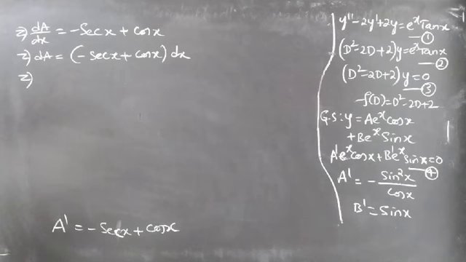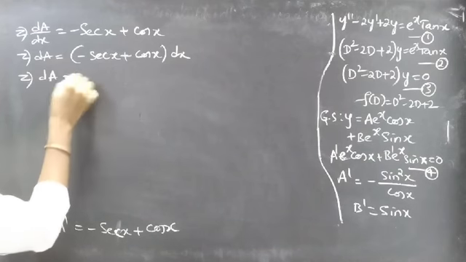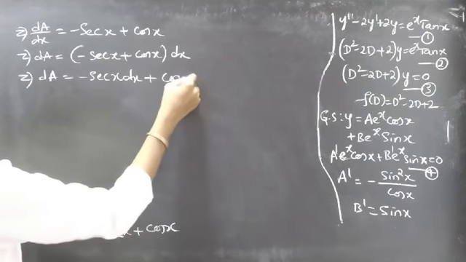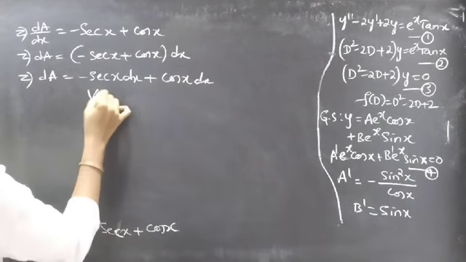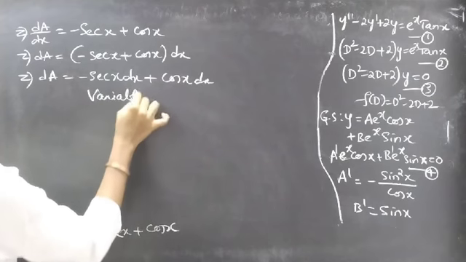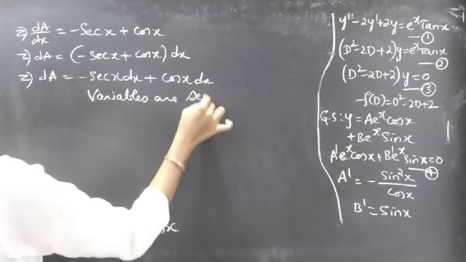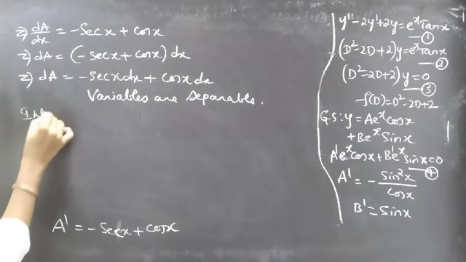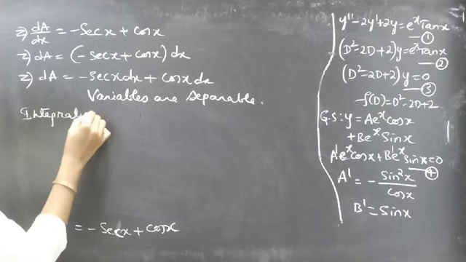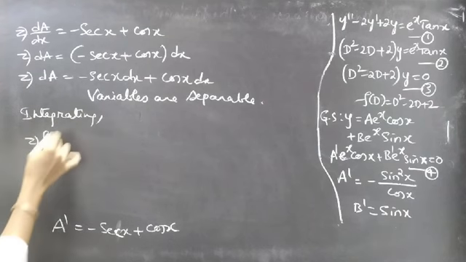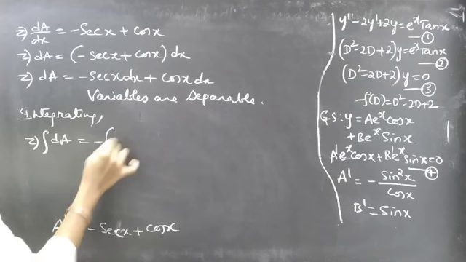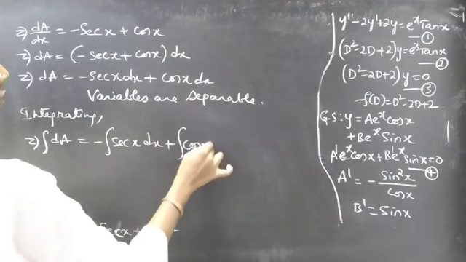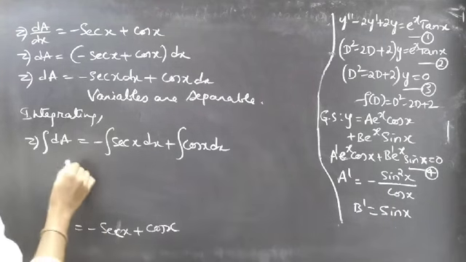Here the variables are separable, so we can perform integration. Integral dA equal to minus integral secant x dx plus integral cos x dx.